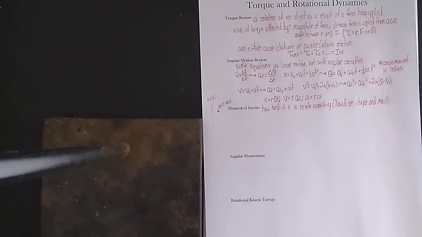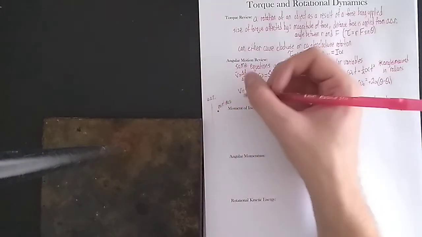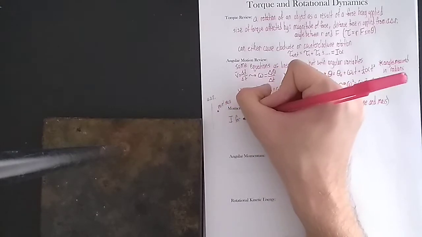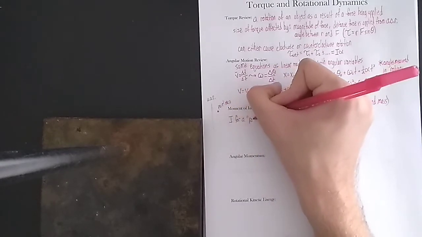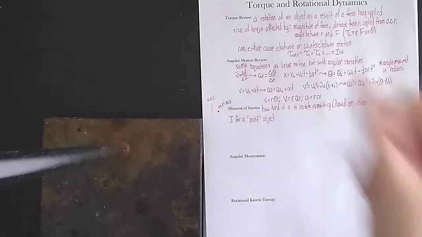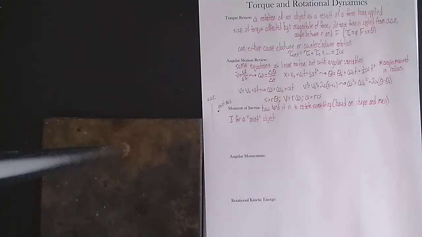How hard is it to get it to do that? And the answer is that I, for what we call a point object, in other words, an object that can be reduced down to a point without losing any, basically your spherical objects that can be reduced down to a point without making gross changes to what's happening.